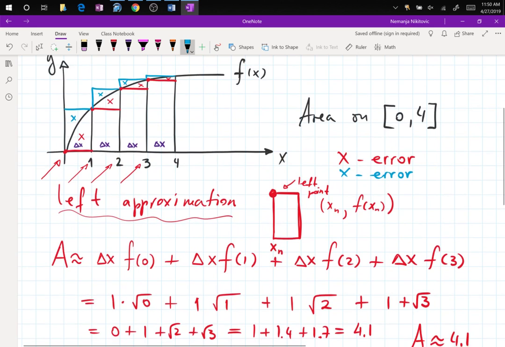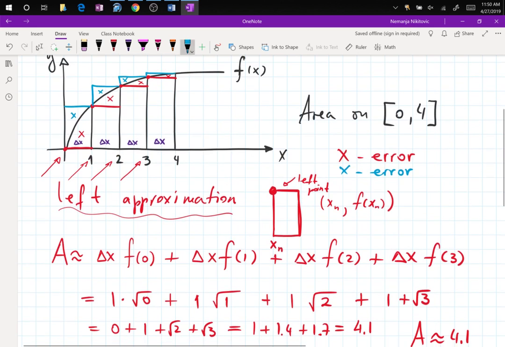If you look at your partition here, the right rectangles are at 1, 2, 3, and 4, because you go at 4, which is the right point, and then you draw a rectangle to the left so that the 4 can be the right.